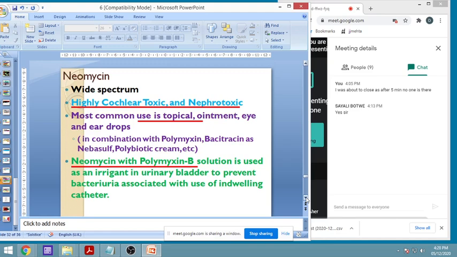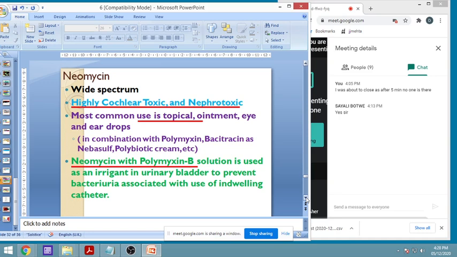Again it has a wide spectrum, but very high ototoxicity, high cochlear toxicity and nephrotoxicity. Most common use is topical: ointment, eye and ear drops, skin drops. Mostly it is used in combination with polymyxin and bacitracin, and a very popular powder is known as Nebasulf or Neosporin.